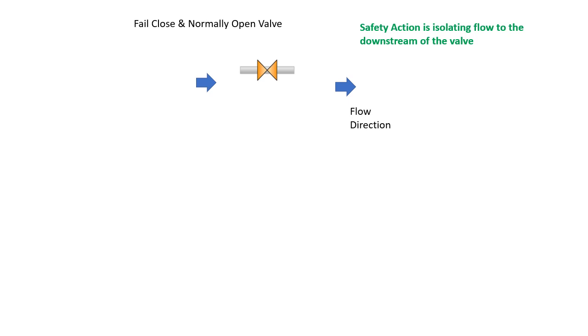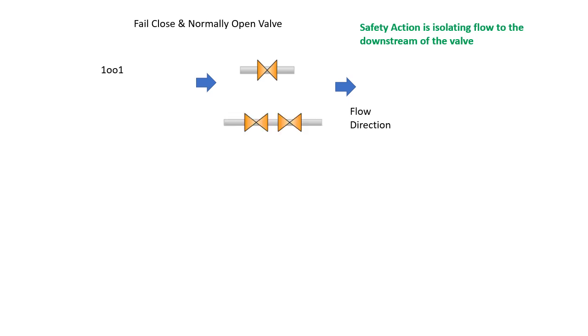So if it remains open, it will overflow the vessel, that will create a hazardous situation. So in this case we are assuming that the valve is normally open and failure action is closed. So when only a single valve is used, this combination is known as 1 out of 1 combination.